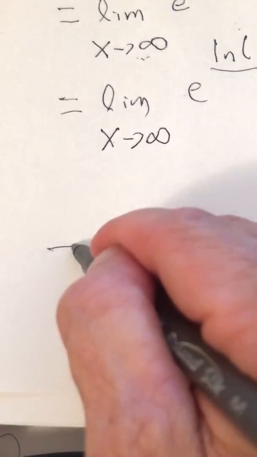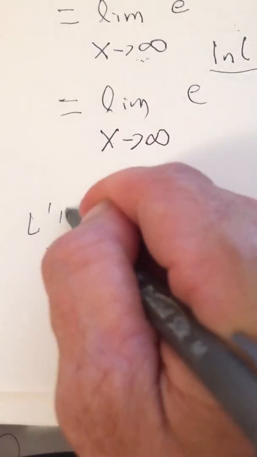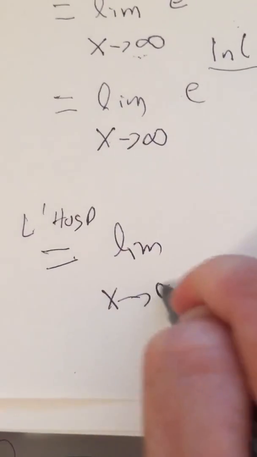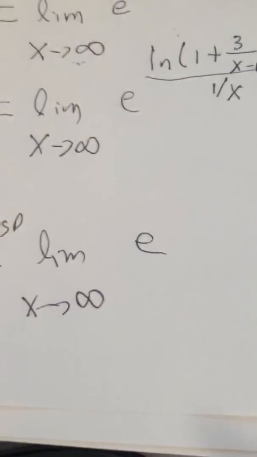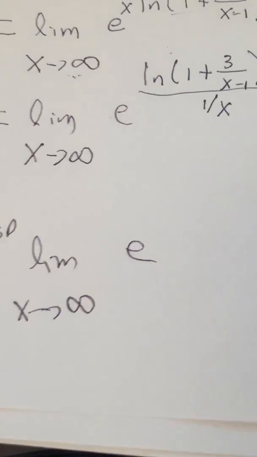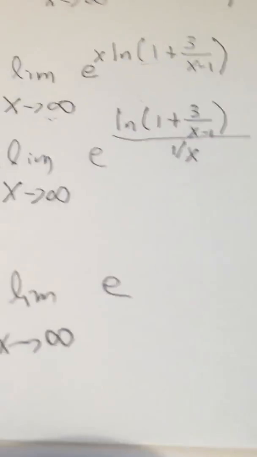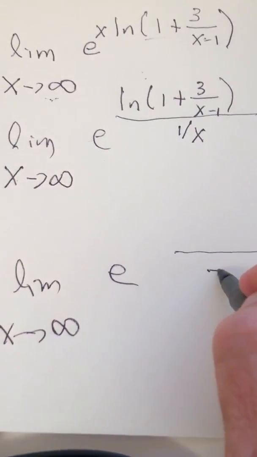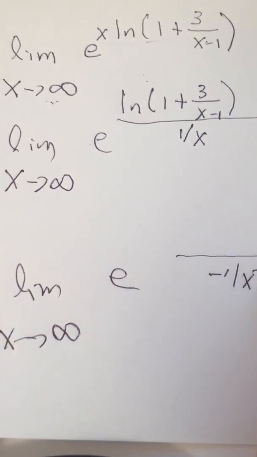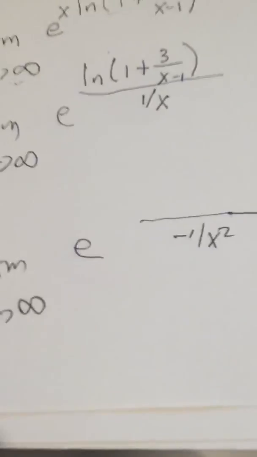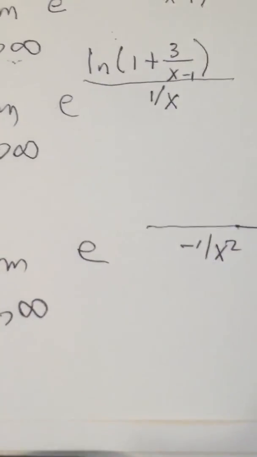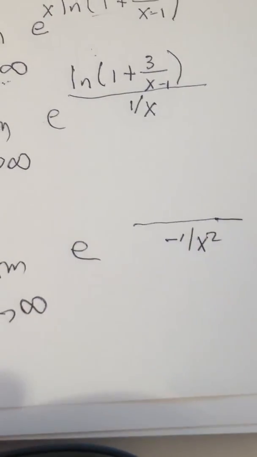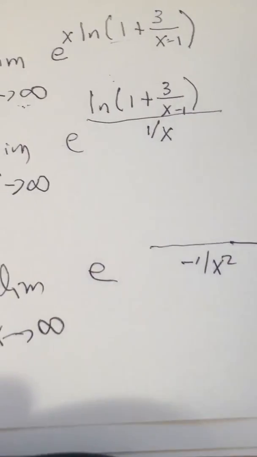And at this moment, I'm going to actually use L'Hopital's rule. So I had the limit as x goes to infinity of e to the, well, now what I have to do is differentiate the numerator and the denominator. The denominator is easy. The derivative of 1 over x is negative 1 over x squared. Now, the derivative of the natural log of 1 plus 3 over x minus 1, I'm going to use the chain rule.